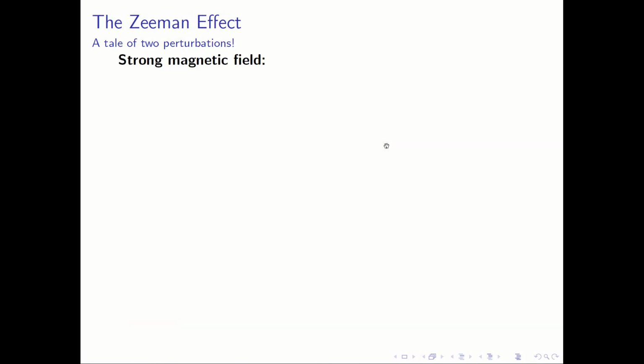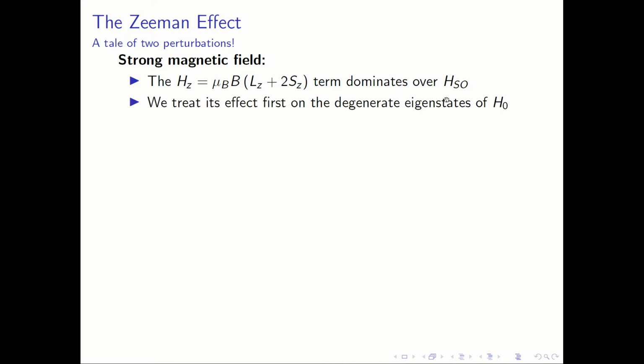If we are dealing with a very strong magnetic field, in fact for most systems this has to be really, really strong, unusually strong, then the H_Z term, the so-called Zeeman term, dominates over the spin orbit term. So this is the perturbation we are going to apply first.